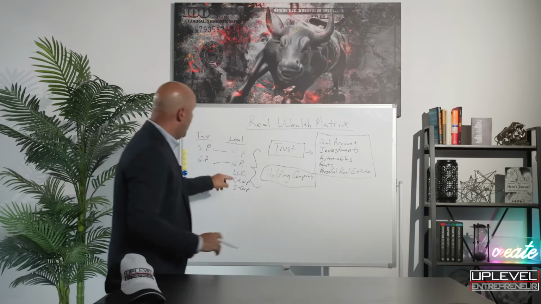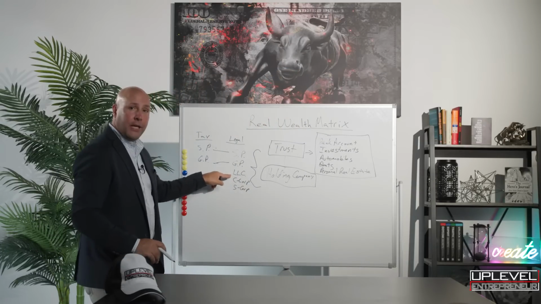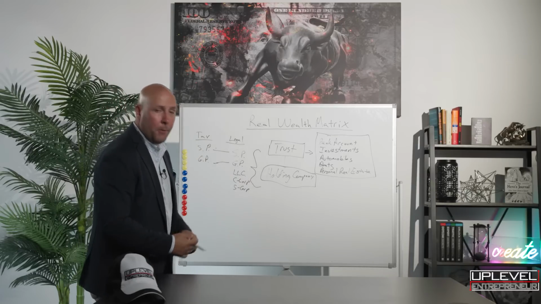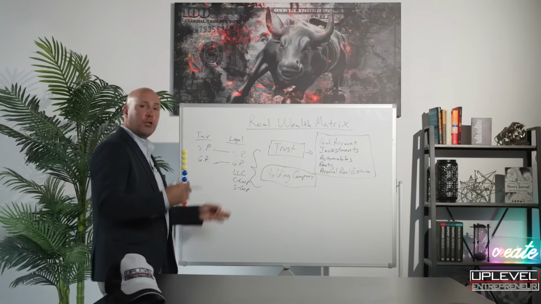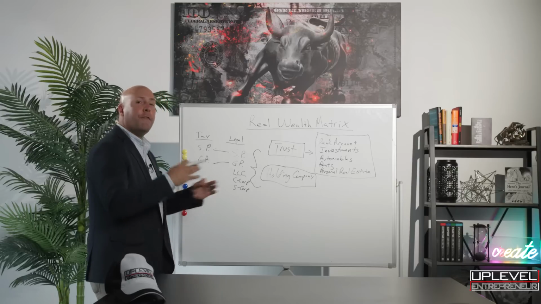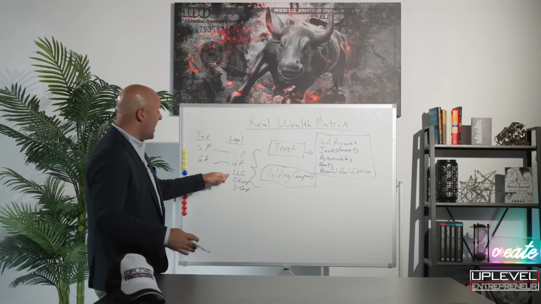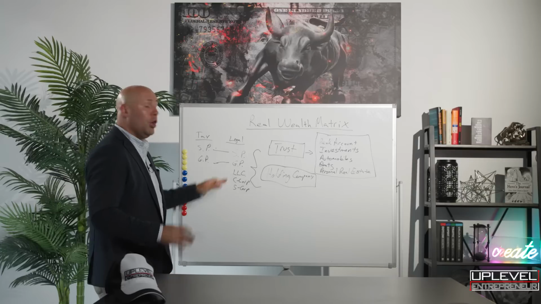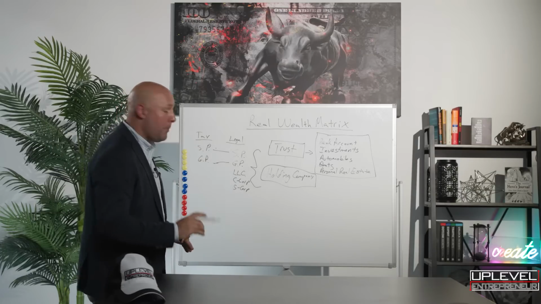Another way to do it is if you have an LLC, a limited liability company, and in some states there may be limited liability partnerships, there may be professional limited liability companies. There's a variety of different nuance per state, but essentially if you have something along the lines of a limited liability company, you get to elect how you want to be taxed.